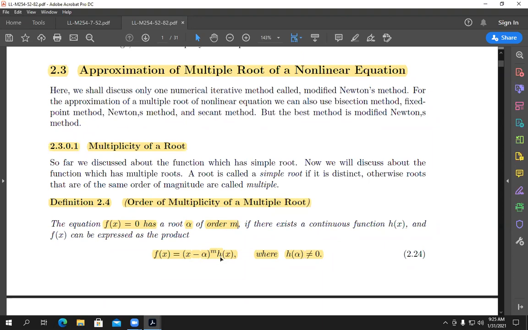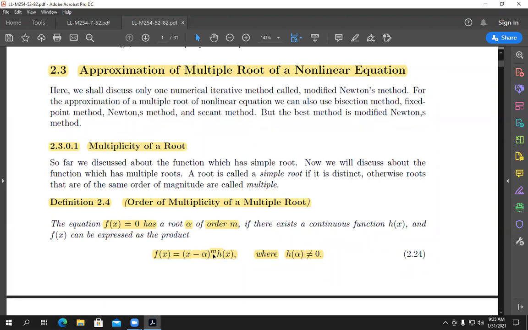And what is h of x? h of x is a part of the function, but this part never has a multiple root. It may have a simple root, but not a multiple root. But we are not interested in h, we are interested in this other part of the function. But it is very difficult to use this definition to find m.